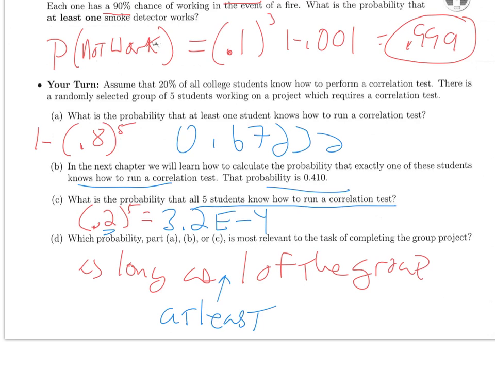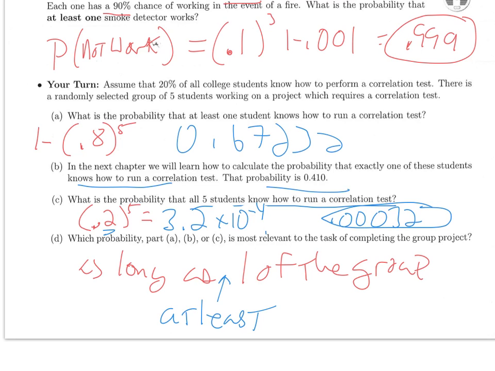Remember, this means 0.32 times 10 raised to the negative 4, which means move the decimal point over to the left 4 times, so that becomes 0.00032. So a pretty small probability. Not 0, but it's getting close.